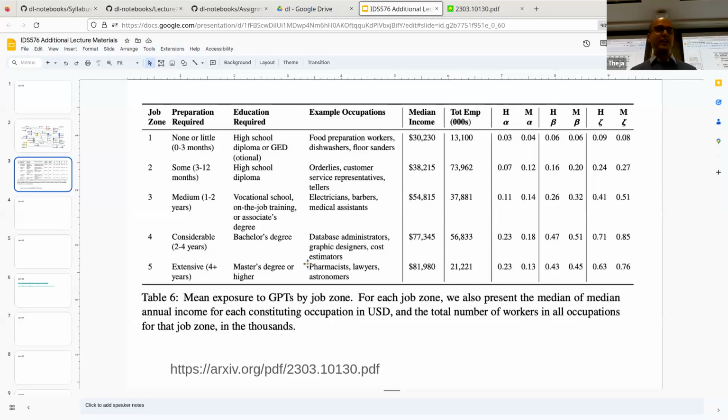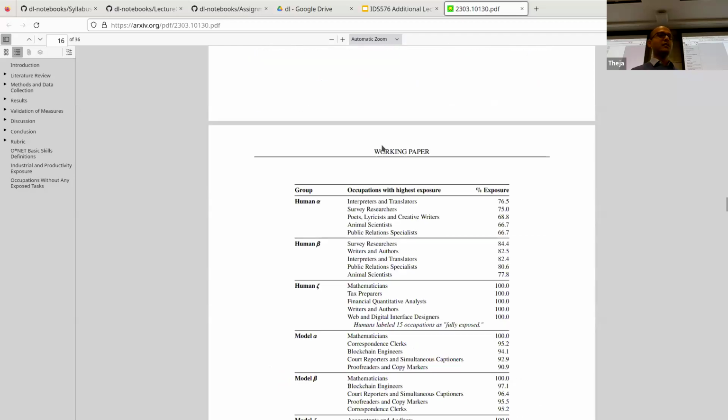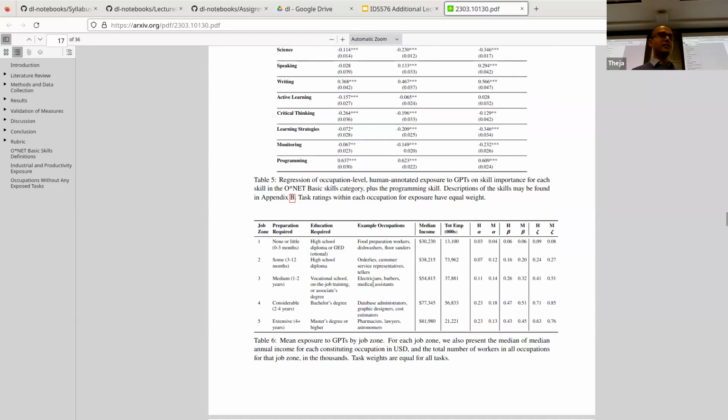Actually, I probably didn't do a good job of summarizing the table, but I did want to say it's a good example to look at in this working paper. Just to recap, this is table number 6 that we just discussed.